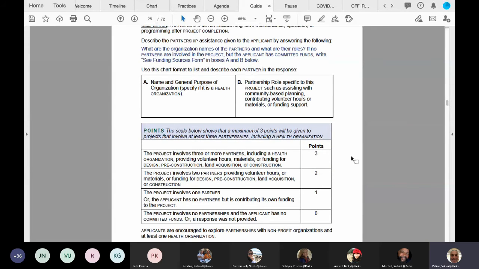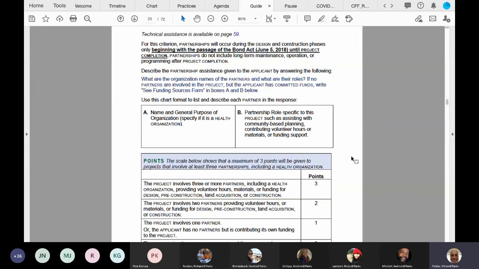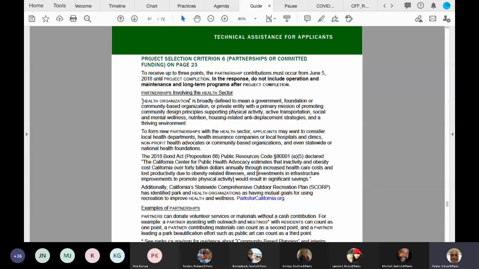The example that was provided by Jackie is called the Blue Zone Project, which is an organization that helps guide cities and towns on how to design their communities for health and wellness. That's definitely a good example of an eligible type of health partnership.